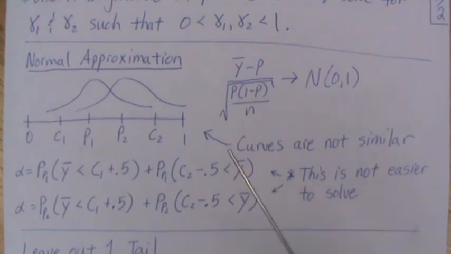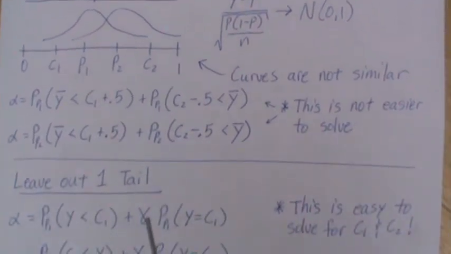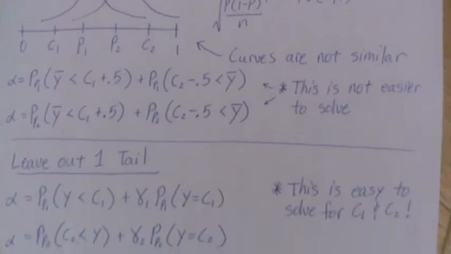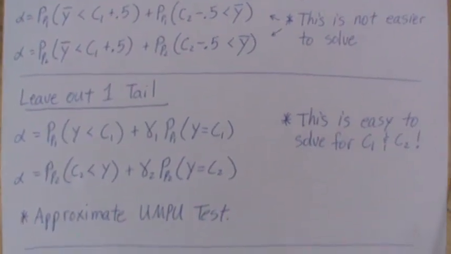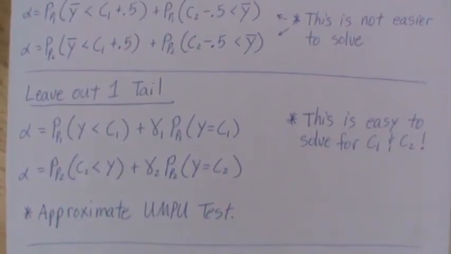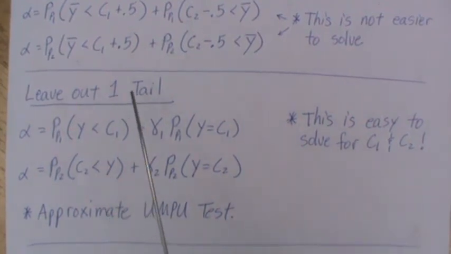There's no simplification. And so this is sort of a silly method. And I almost didn't put it, but I wanted to illustrate, because a lot of people think that, oh, use normal approximation. But my test, and I don't know if I should call it my test, the leave out one tail test is this.